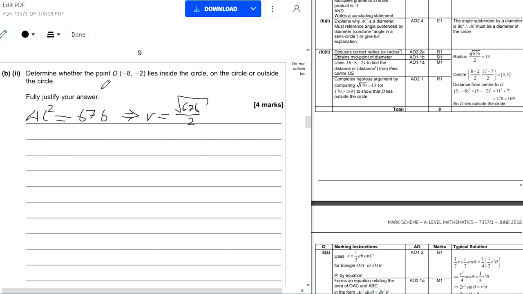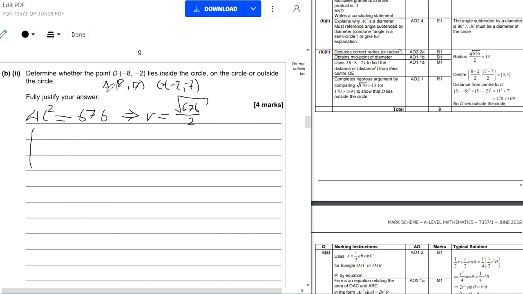We can also find the center of the circle, because it's going to be halfway between A and C. We can do that by looking back at A and C. So let me just pull those back.